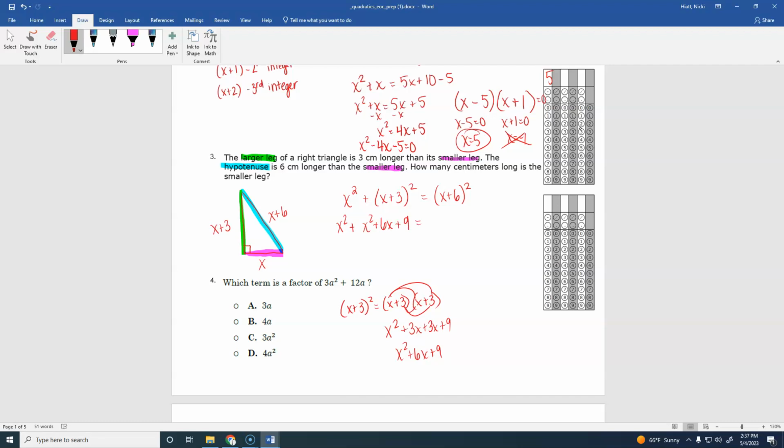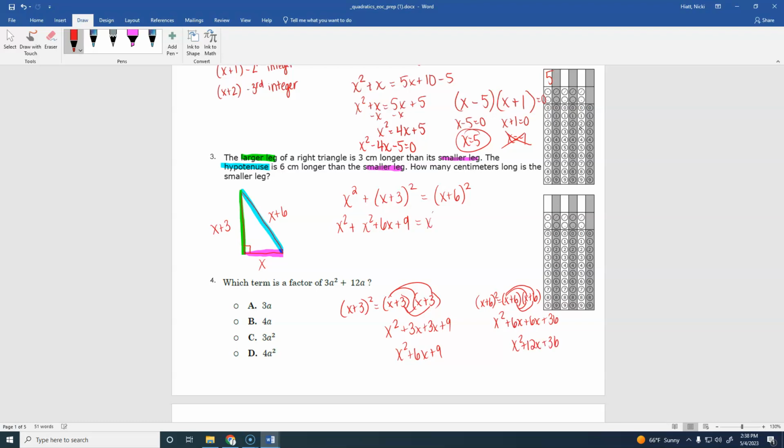I'm going to do the same thing over here for the x plus 6. So x plus 6 squared is x plus 6 times x plus 6. So you've got x squared plus 6x plus 6x plus 36.